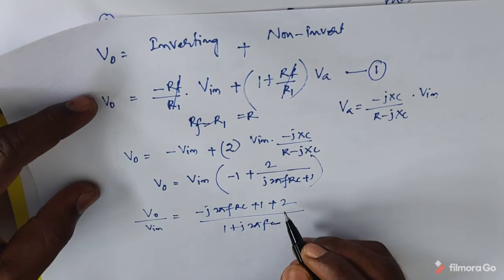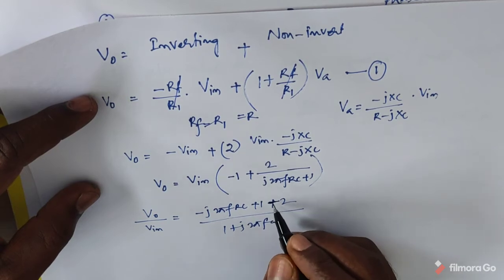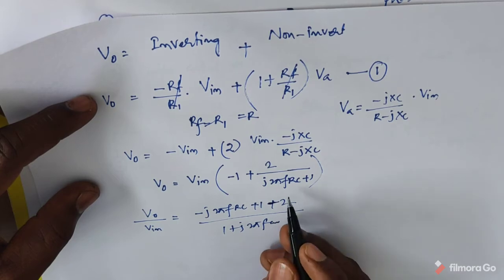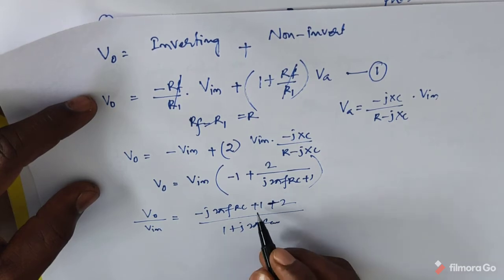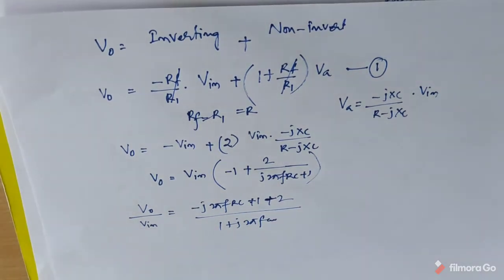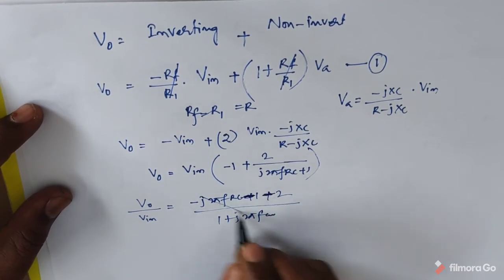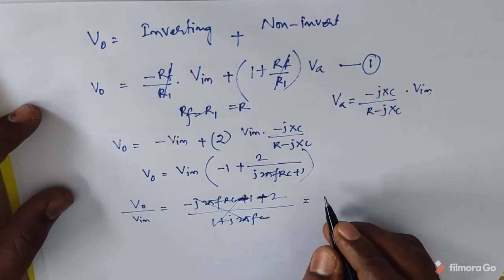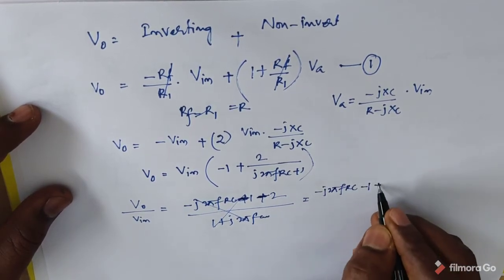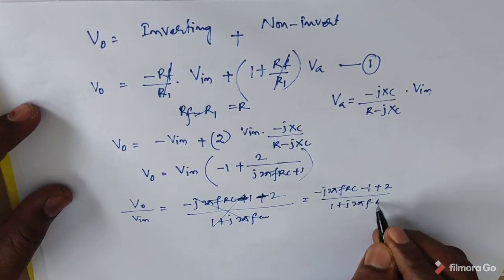In terms of this function, taking minus into minus, simply I am going to write this value as minus j2πfRC minus 1 plus 2 by 1 plus j2πfRC.